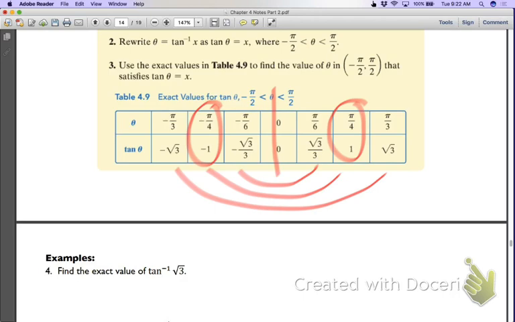Whereas the big one to remember, I feel, is pi over 3. If you can remember that pi over 3 is square root of 3, that's your biggest angle that you're dealing with. Remember, tangent, if we go to our hand, pi over 3 is your pointer finger. With tangent, what do we do with our hand?